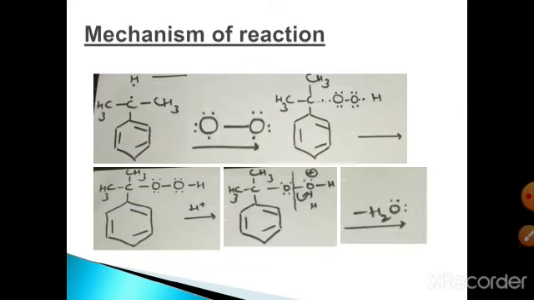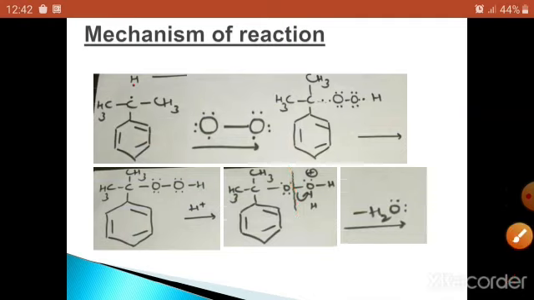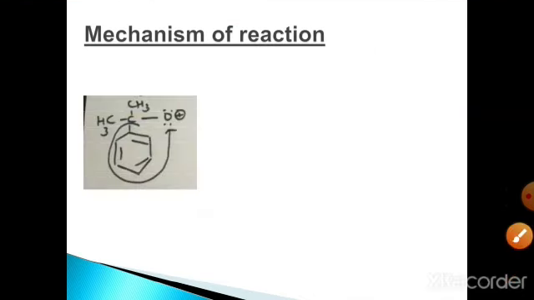When water is removed from the reaction, it creates a positive charge on the oxygen, because this bond will break. And we know that a positive charge on oxygen is a very unstable species, because oxygen is an electronegative species. So in this step, phenyl shifting takes place.